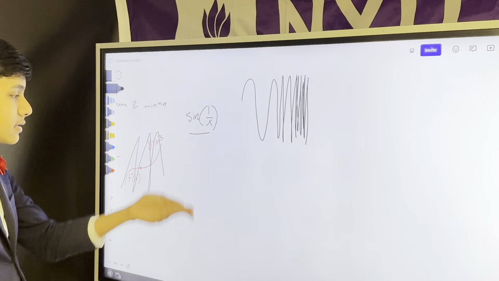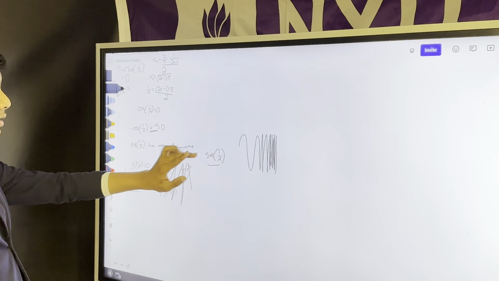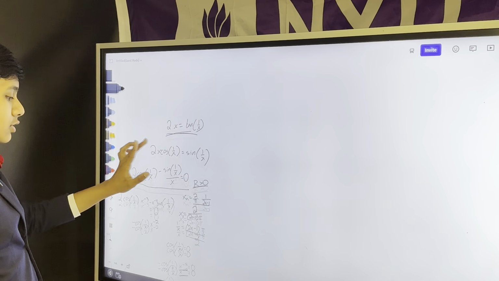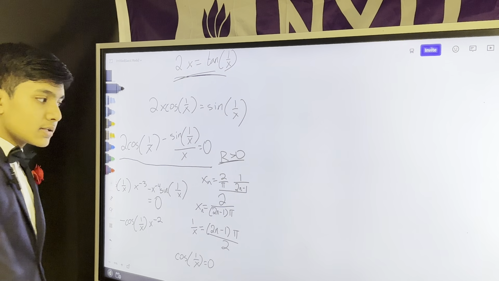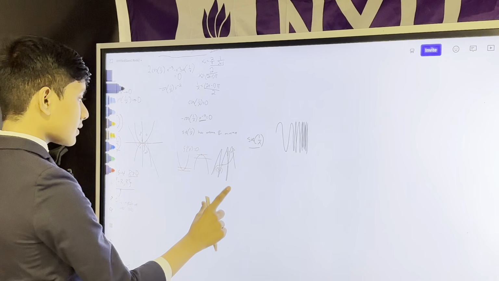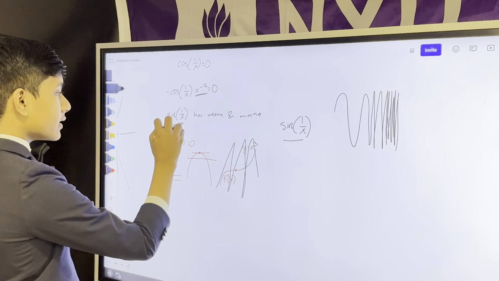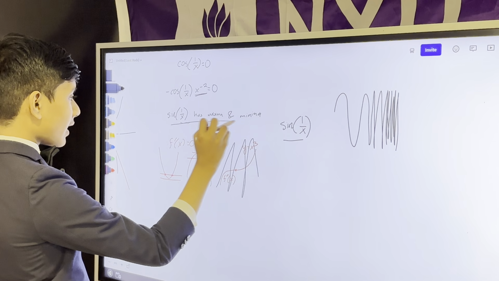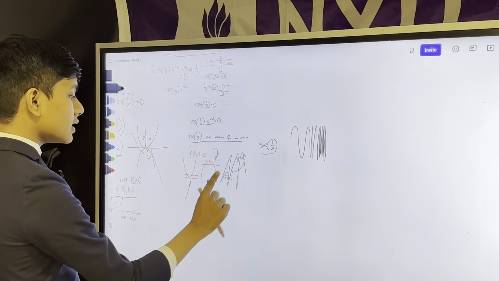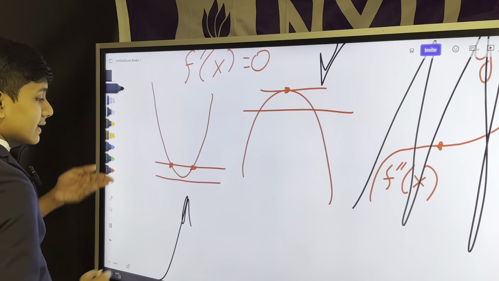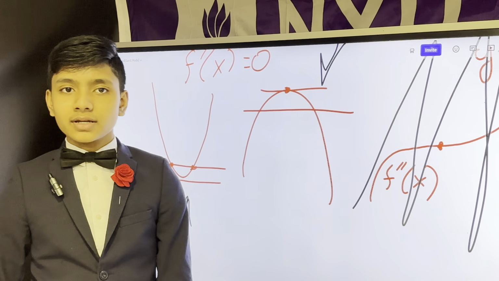But that has zeros, and those zeros are not equal to the zeros of the cosine of 1 over x function. Thus, that implies that sine of 1 over x has only maxima and minima and no inflection points, which therefore means that it's non-injective over any epsilon neighborhood.